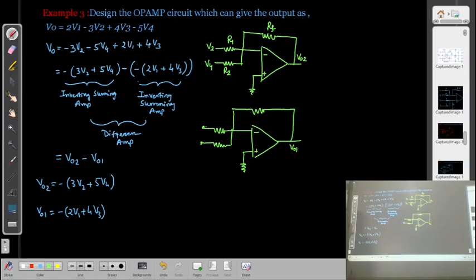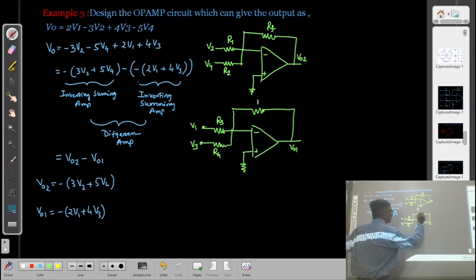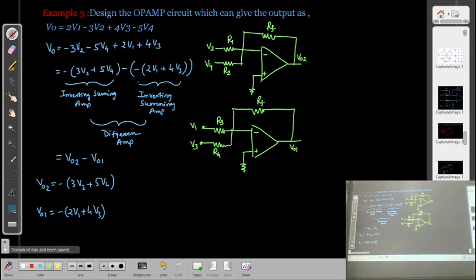For this another summing amplifier, V1 and V3 are the input voltages. Then here we write R3, R4, and let us say this is RF. Correct? Now you have to take the difference of this. So that we will take later on. But first of all, we will find out what will be the required value of R1, R2, R3 and R4.